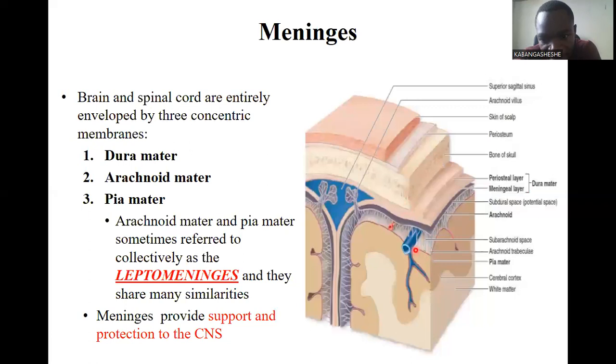So this is the pia mater. This is the arachnoid mater. This space here, you can see that it's quite substantive. It is the largest space of the meninges. We call that the subarachnoid space. Of particular importance, the subarachnoid space is a space in which we are going to find blood vessels running to and from the brain.